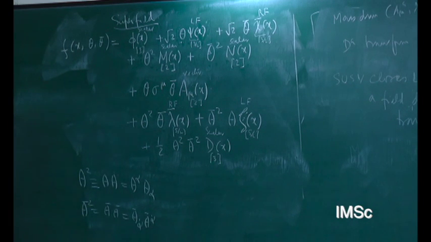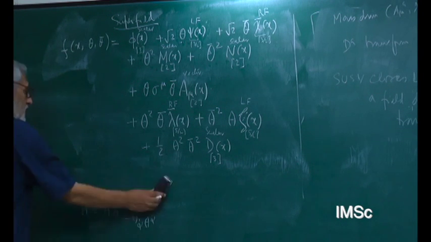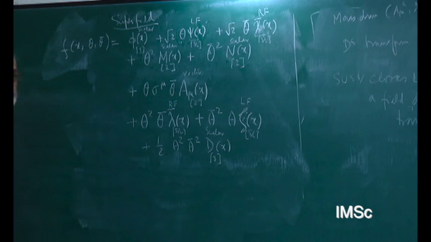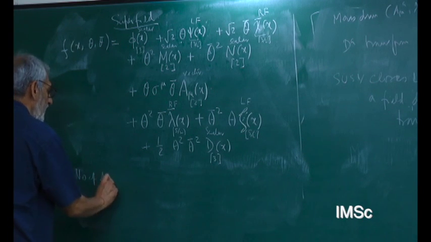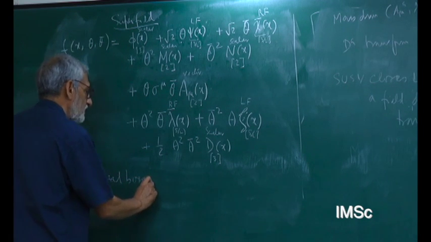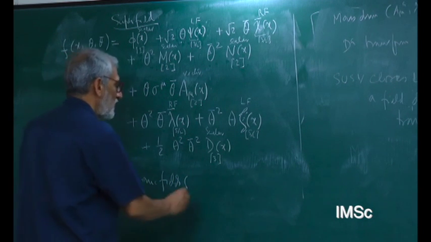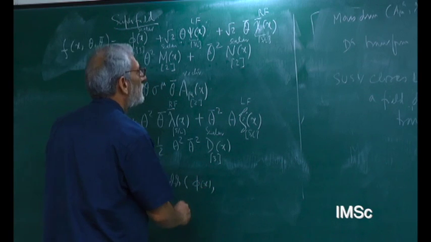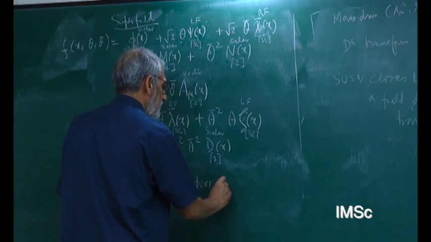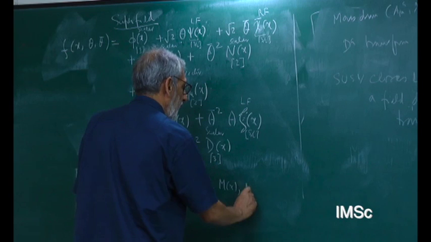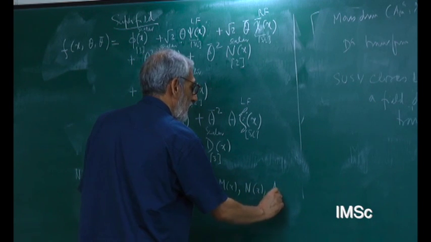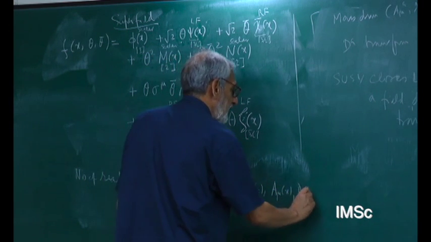Okay, now let me count degrees of freedom. How many independent fields are in this? Number of real bosonic fields. Bosonic fields are phi x, mx, nx, a mu x, and dx.